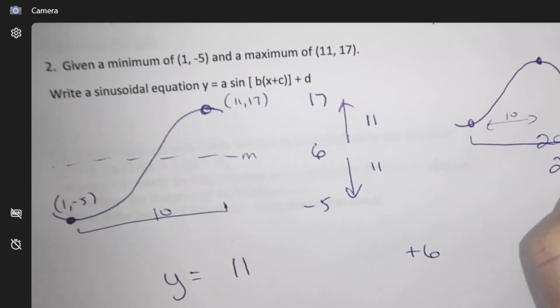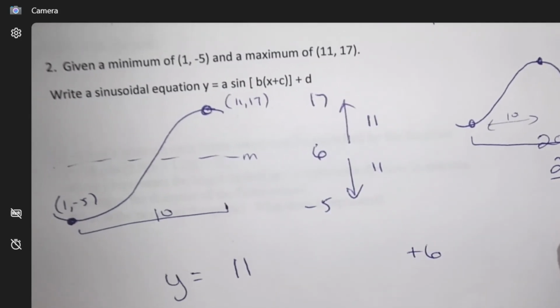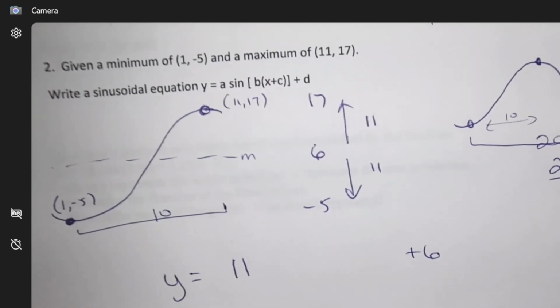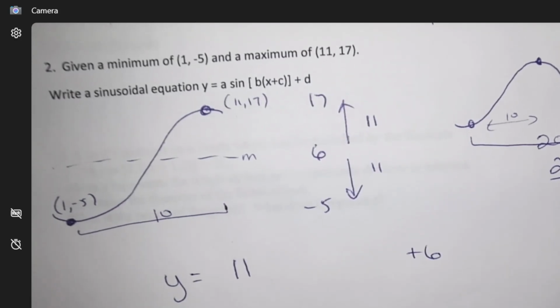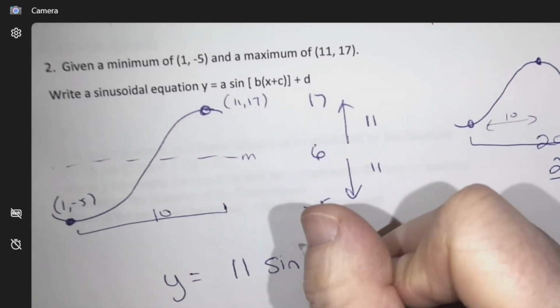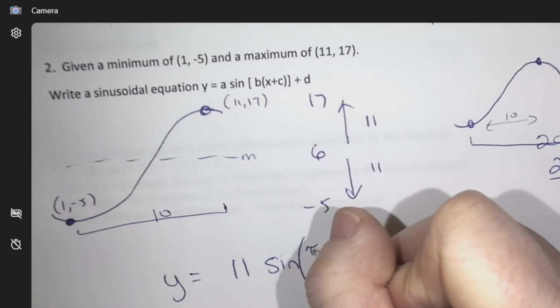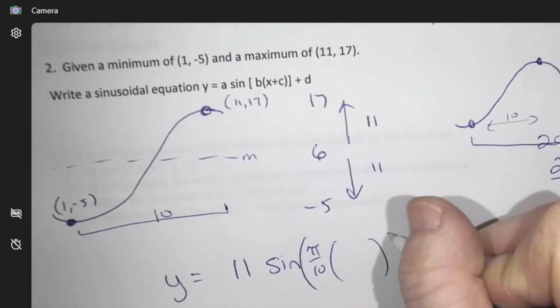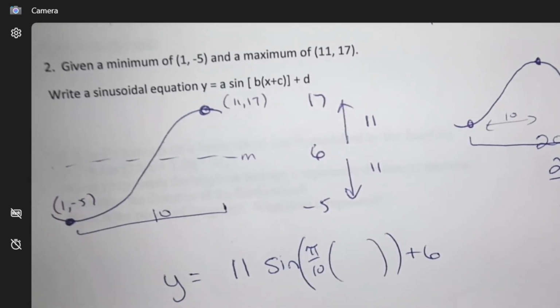So 2 pi over what b would get me to 20? What I do is switch the 20 and the b in a cross multiply, and then I just reduced it by 2. It's not wrong if you just leave the 2 pi over 20. That's fine too.